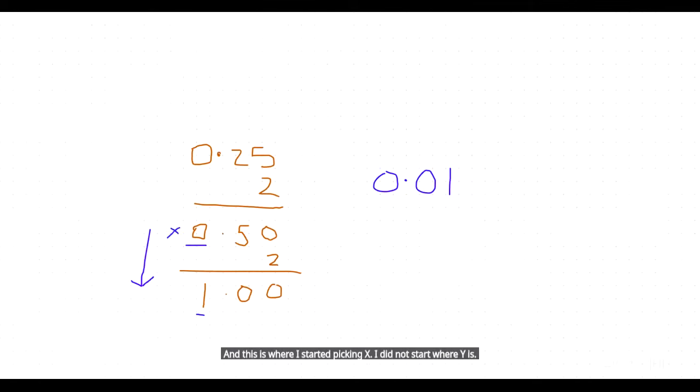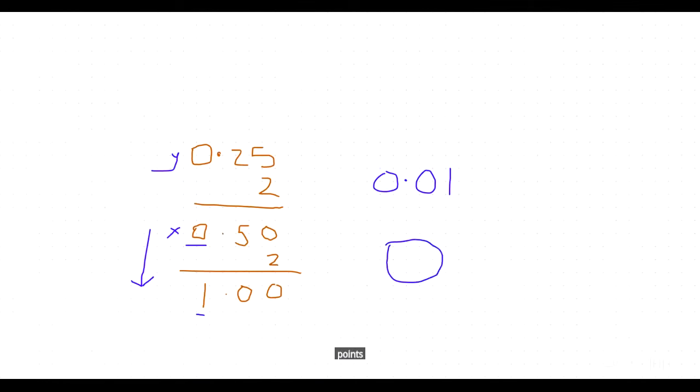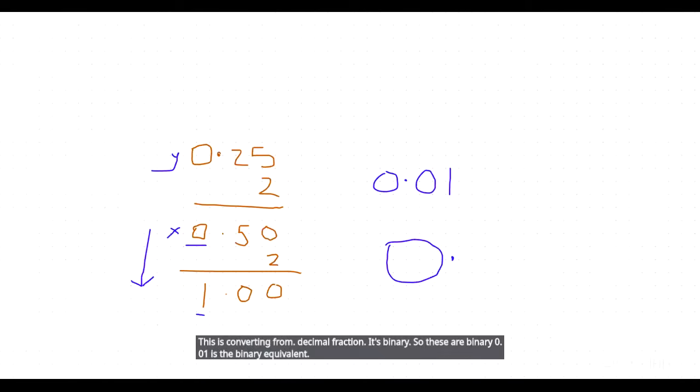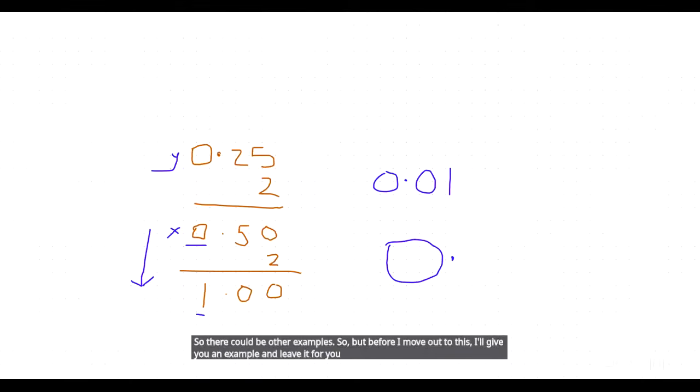Since it was a fraction, whether you like it or not, you have to write 0 point, then you pick your numbers. This is converting from a decimal fraction to binary. So our binary 0.01 is the binary equivalent. There could be other examples, but before I move on, I'll give you an example and leave it for you to go and solve.